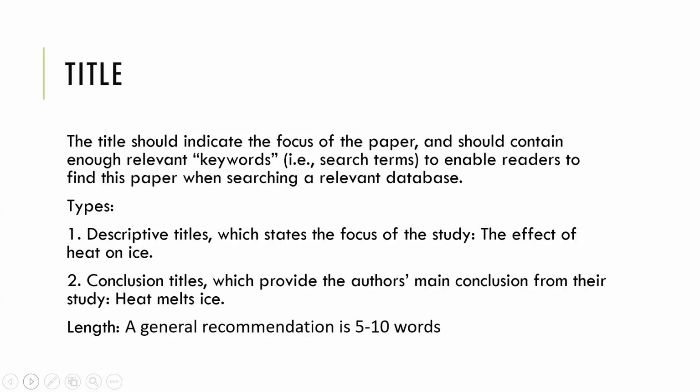So you should include main keywords in your title, and you should be specific. The title should indicate the focus of the paper and should contain enough relevant keywords to enable readers to find this paper when searching the relevant databases.